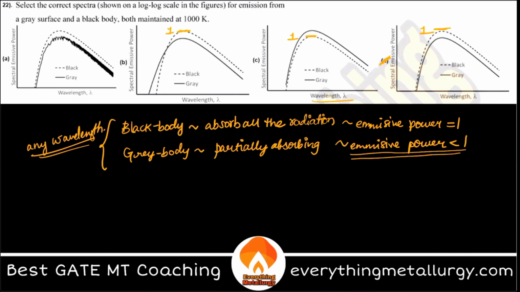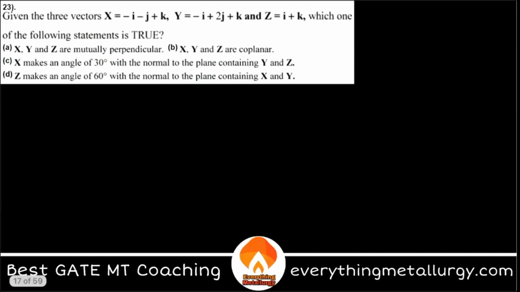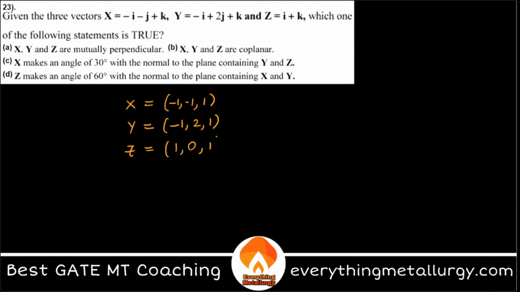Now coming to the next question. Again a maths question. Given the three vectors, so we have x to be -1, -1, 1, y to be -1, 2, 1, and z to be 1, 0, 1. I'm not going to do it, but if you carefully see, you can easily say that x dot y equals y dot z equals z dot x equals 0.